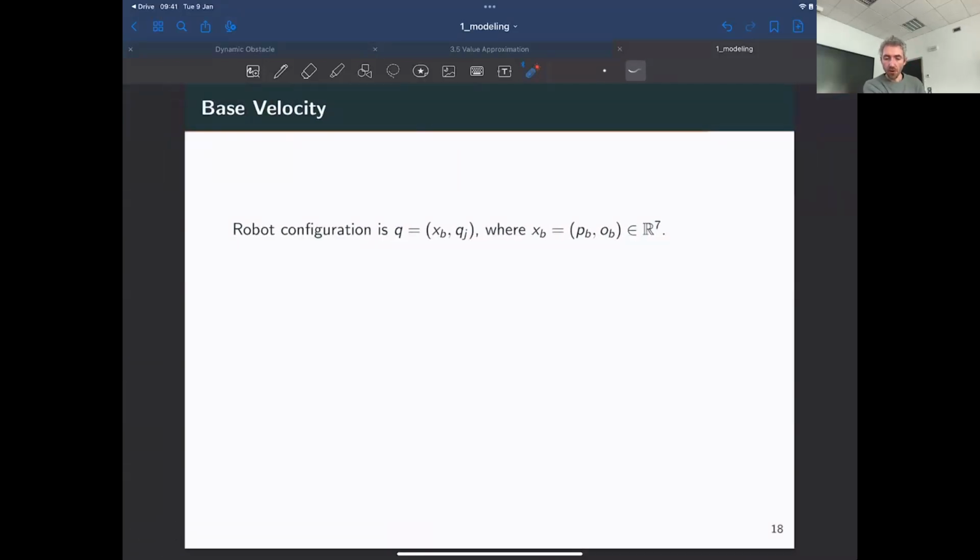So now a robot configuration Q contains the base position and orientation, XB, and the joint angles QJ. XB is composed of the base position, PB, and the base orientation, OB, which belongs to R7.